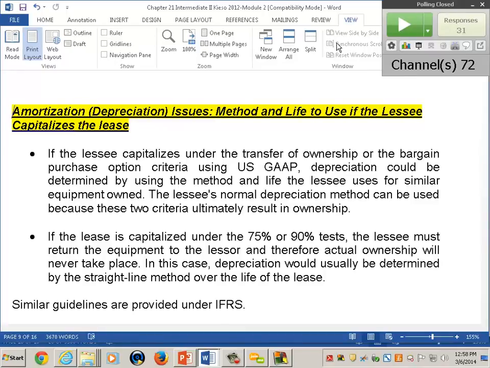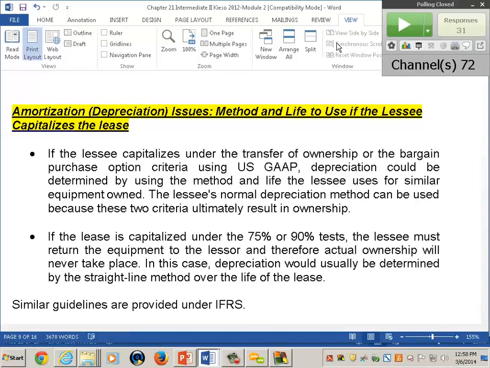Now, that's one problem. The other problem I think we have when we start looking at leasing is the amortization table. And what I want to do is outline how you would build an amortization table using an annuity, and I started mentioning this already, an annuity in advance or an annuity due.